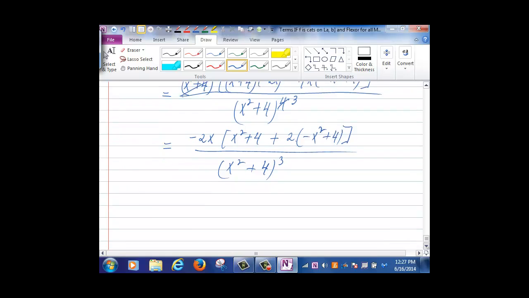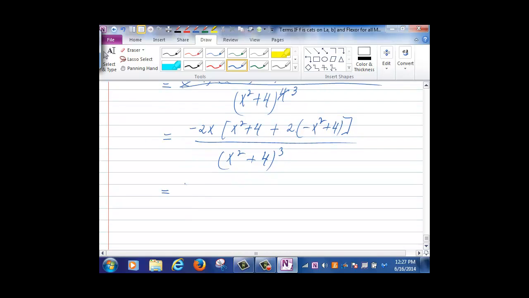And now if I simplify, what do I get? This will be x squared minus 2x squared, so that will be negative x squared. And I have a 4 plus 8, so that's what? 12. Divided by x squared plus 4 cubed.